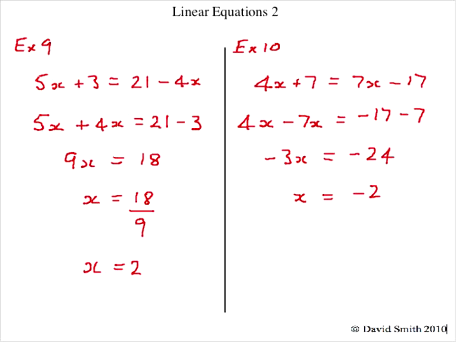So it's minus 24 divided by minus 3. And the signs take care of themselves. A negative divided by a negative is a positive. 24 divided by 3 is 8. So the answer is x equals plus 8, or simply x equals 8.